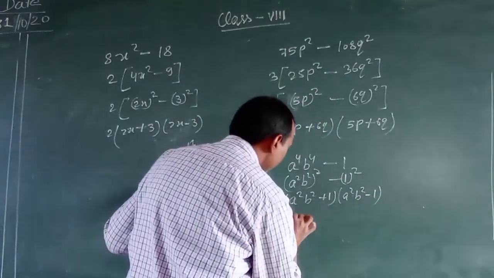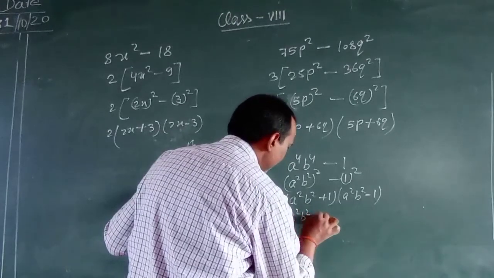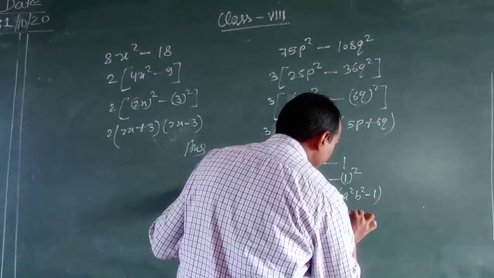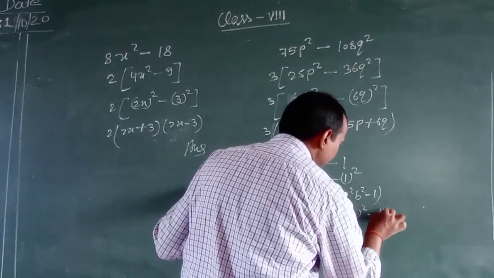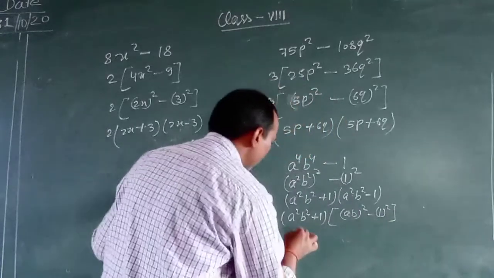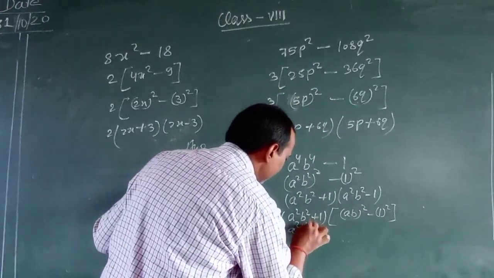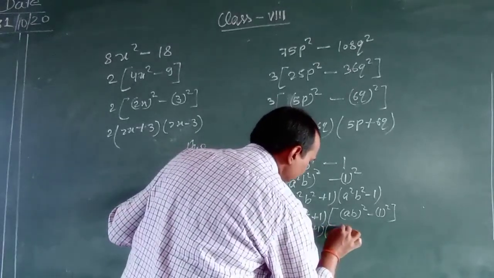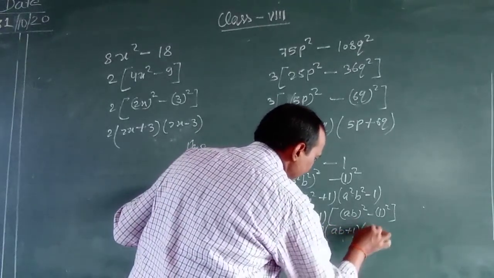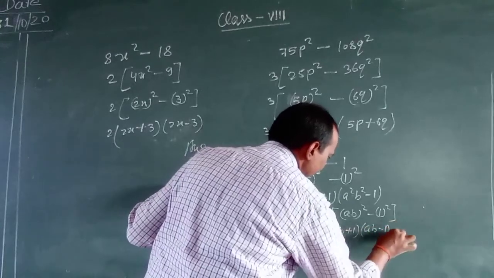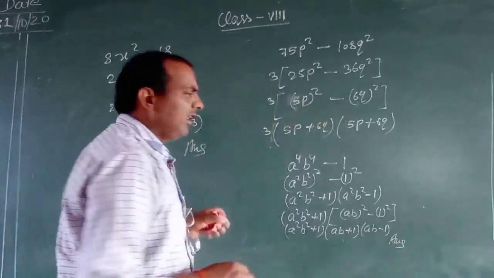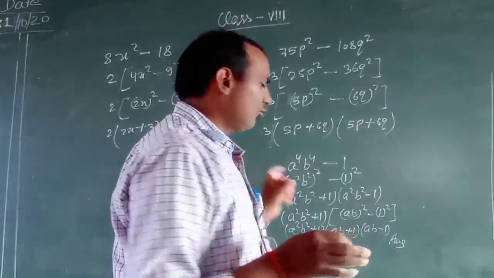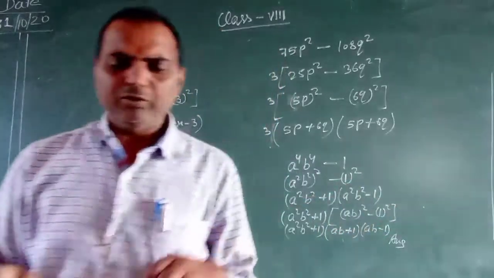Again it is a square b square plus 1 and in second bracket again ab square minus 1 square. So a square b square plus 1 into second bracket ab plus 1 into ab minus 1. So there may be various types of problems and we can solve it using this process.